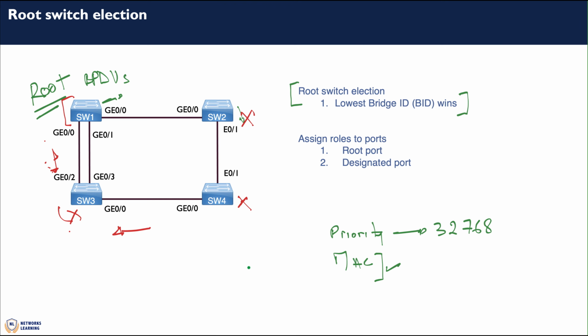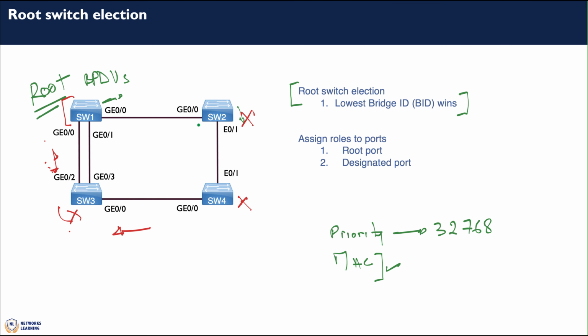Once the root bridge is established, we need to assign roles to each of the ports in this topology. So we have two types of ports. We have the root port and a designated port. A root port is essentially a port that is receiving frames from an upstream root bridge.